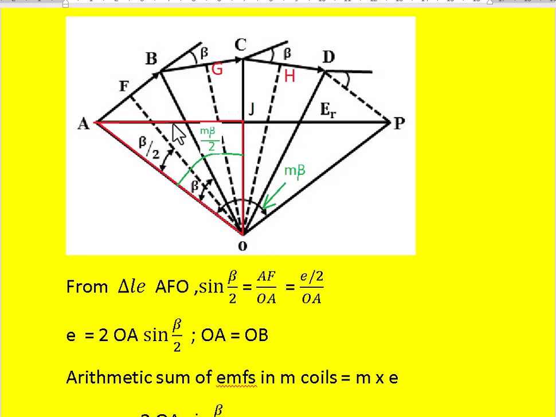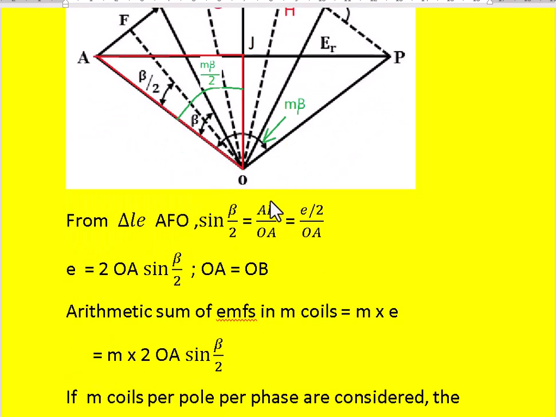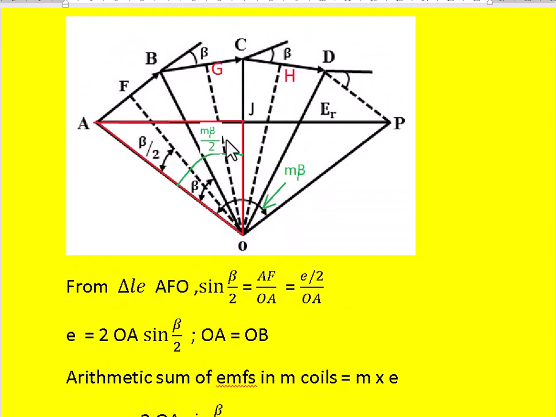Here is the triangle AOJ, and the angle AOJ is M beta by 2. For this, apply trigonometry: sine M beta by 2 means opposite side divided by hypotenuse. What is the opposite side for this?